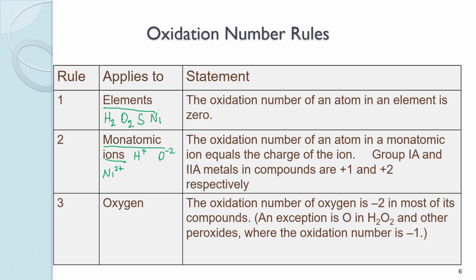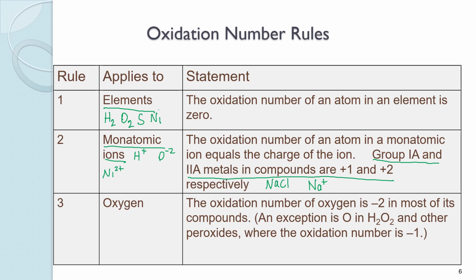A couple of things to keep in mind: even if they're in a compound, anything from group 1A and group 2A will be +1 and +2, because those are the only charges that those ions make. So, for example, NaCl: Na is in a compound, but Na is always +1.